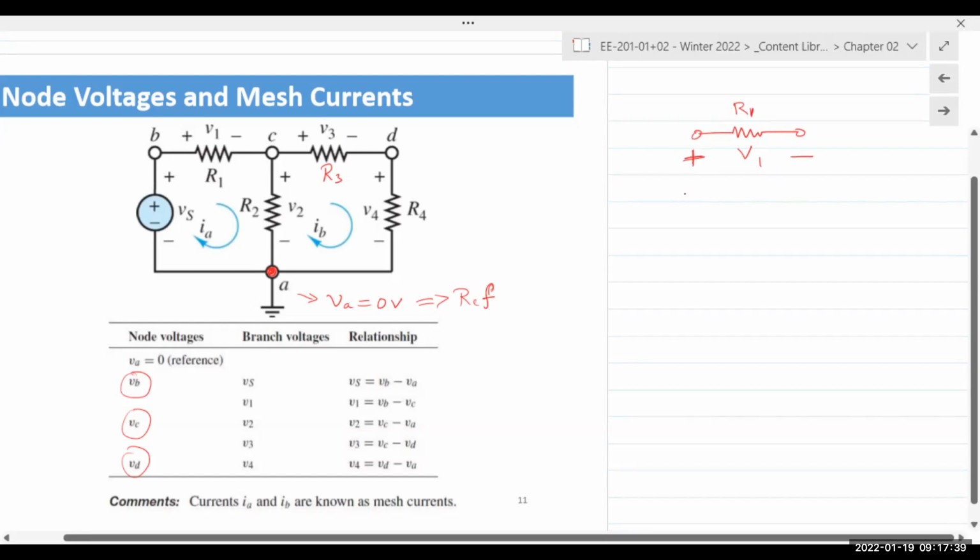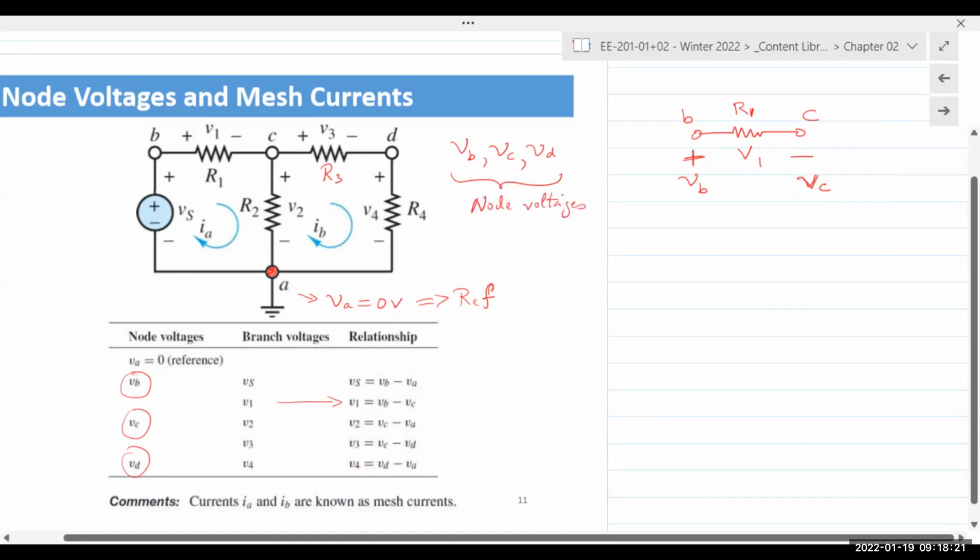So you're measuring the voltage V1 across the 2 terminals of that resistor, the 2 points B and C. So V1 can be written as the difference in electric potential between VB and VC, where VB, VC, and VD are all node voltages at those particular nodes.